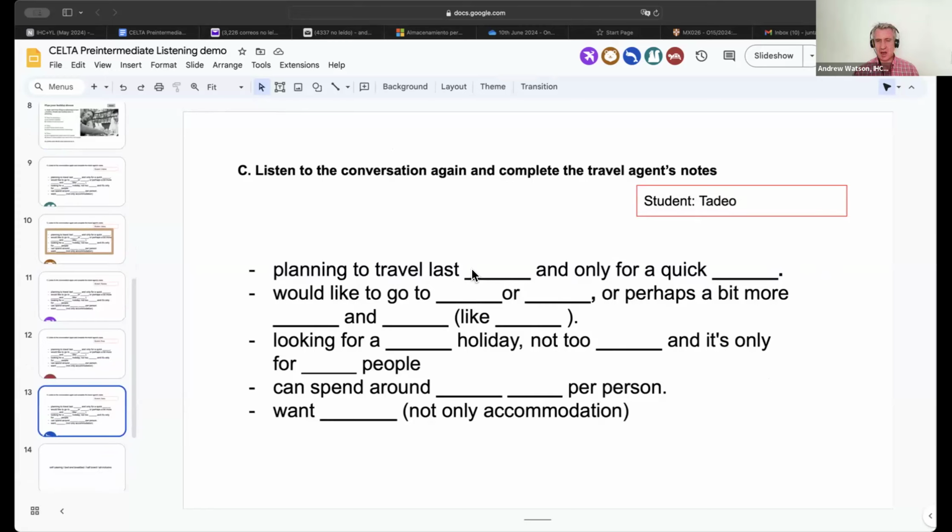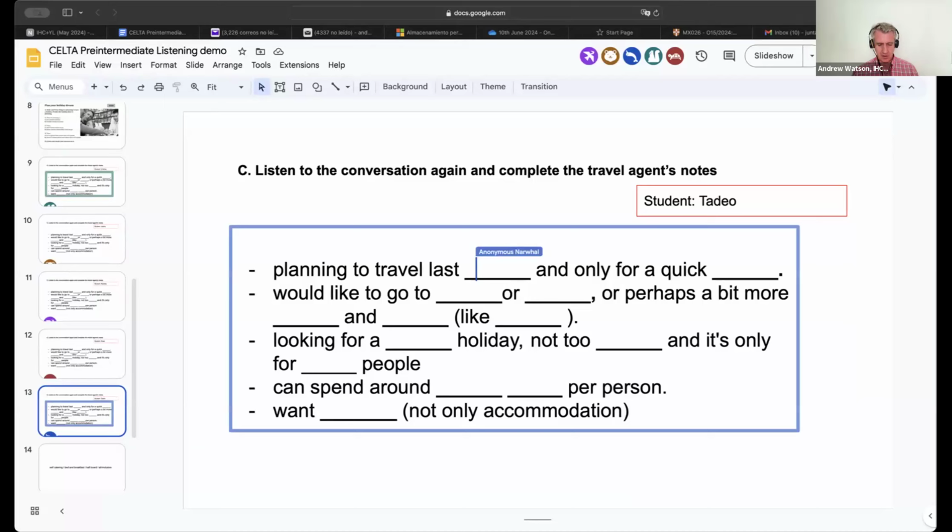Just study the gaps. Try and figure out what type of word is missing. You'll notice that they're often adjectives or nouns. Yeah, so listen carefully for those adjectives or nouns.